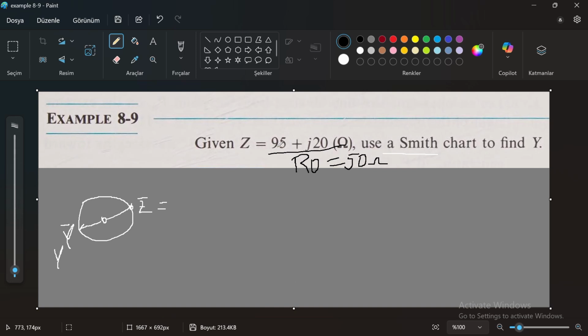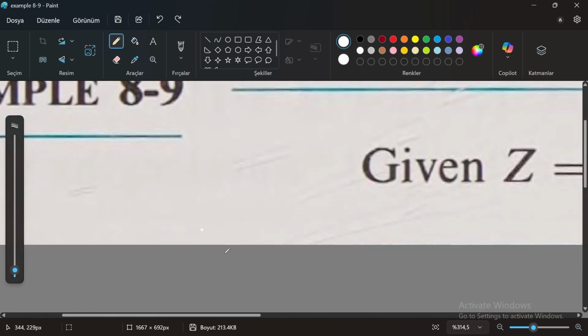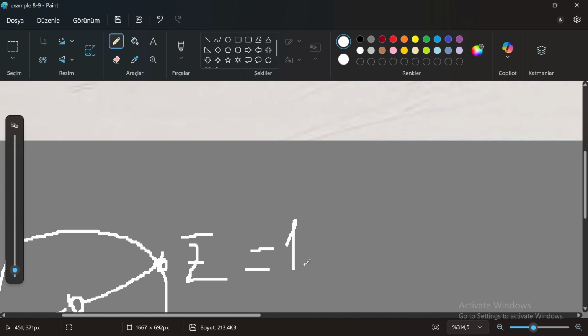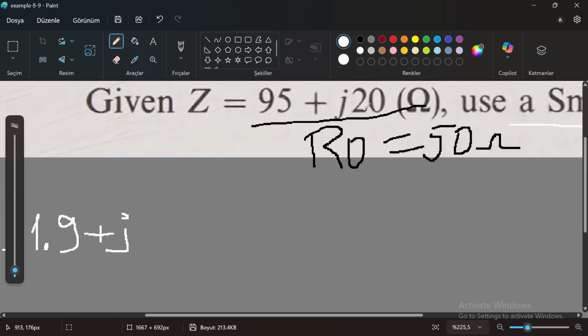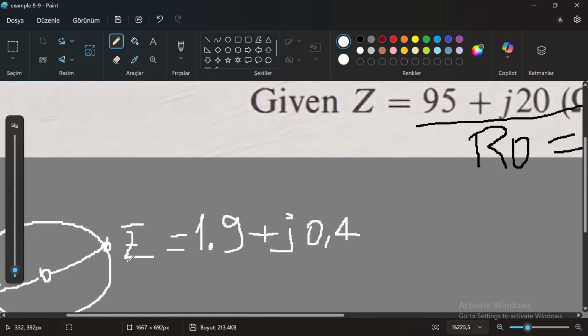If you divide 95 by 50, it is 1.9, the real value, plus j. What about the imaginary part? If you divide 20 by 50, it is 0.4. This is our Z normalized.